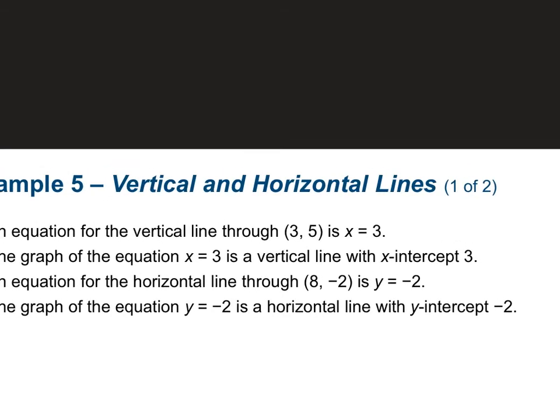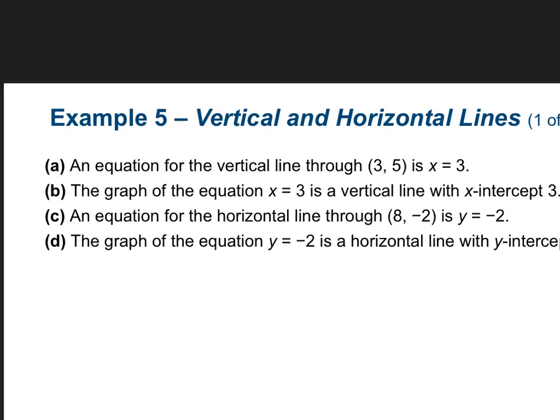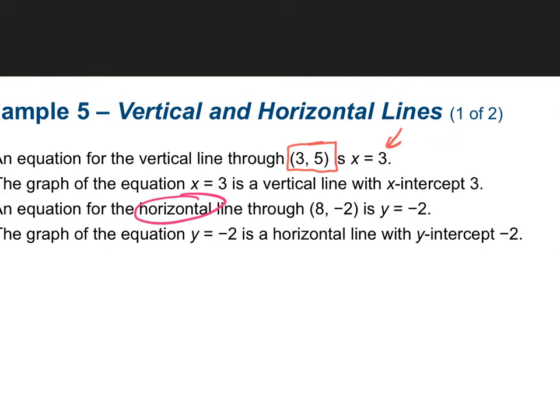So here, if they say, write the equation of a vertical line through this point, 3, 5. Well, think about that. Vertical is up and down. What axis is up and down that we go through? It would be the x. So that's why your equation is right here. X equals 3. If they ask for the equation of a horizontal line, think about that. A horizontal line is going to go this way.